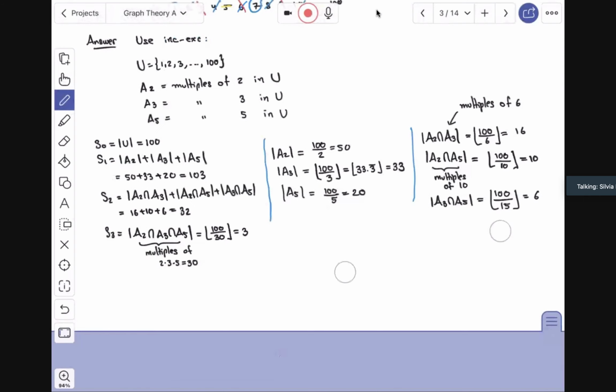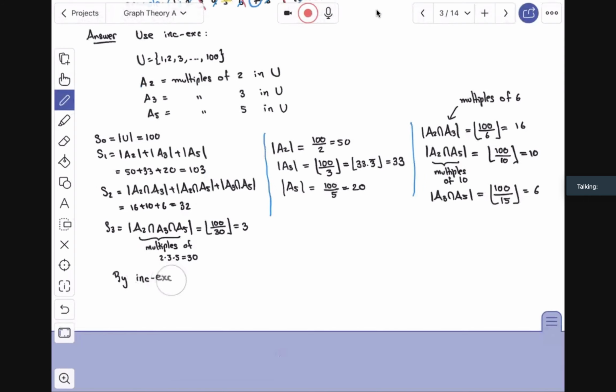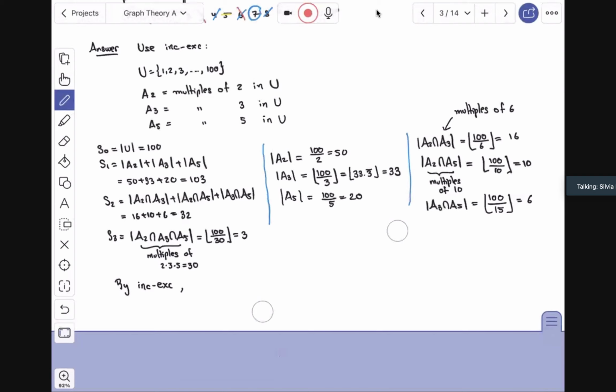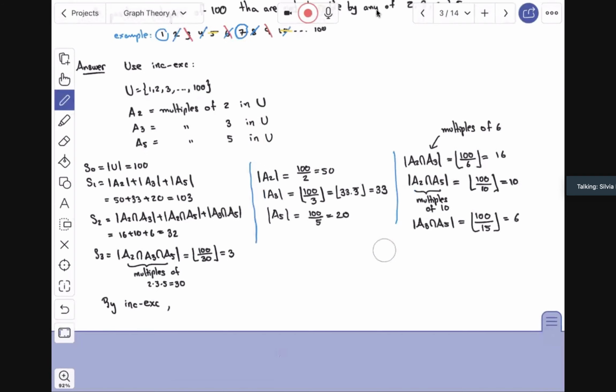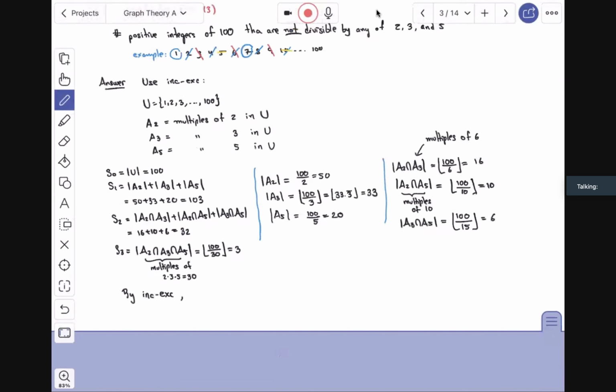And then we use inclusion-exclusion. What we want is equal to S0 minus S1 plus S2 minus S3, which is 103 minus 32 plus 3 minus what? Let me see. No, wait, sorry.